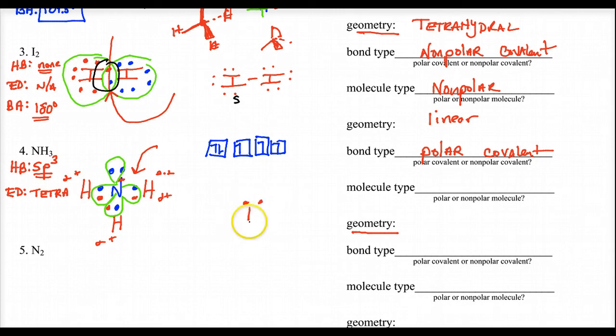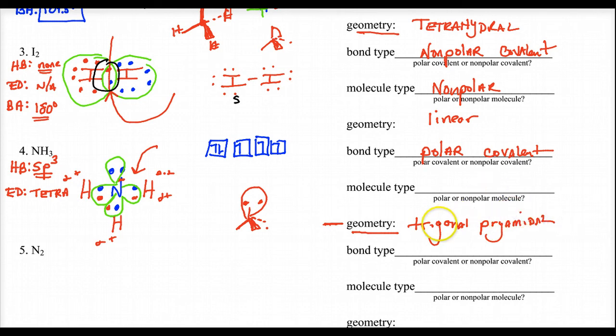Then we have 1 coming out, 1 coming at you, and 1 pointing down, the top of a 3-sided pyramid. It's the top of a 3-sided pyramid when you just consider where the atoms are. Molecular geometry is where the atoms are. So trigonal, same thing as triangle, and we put pyramid or pyramidal is the shape. And that's for 1 lone pair in the sp3 family.